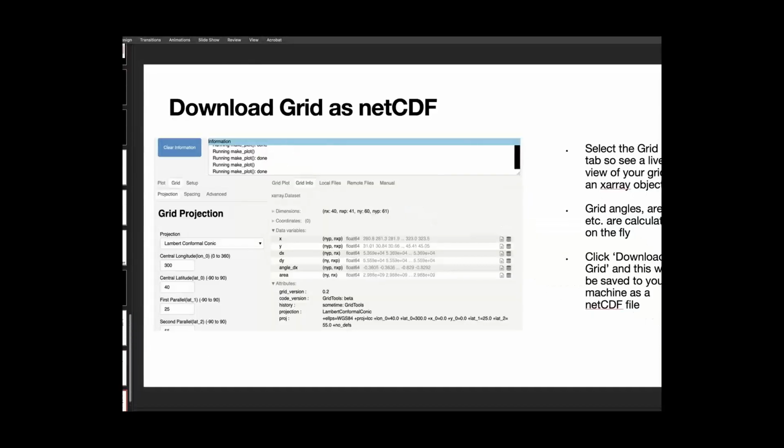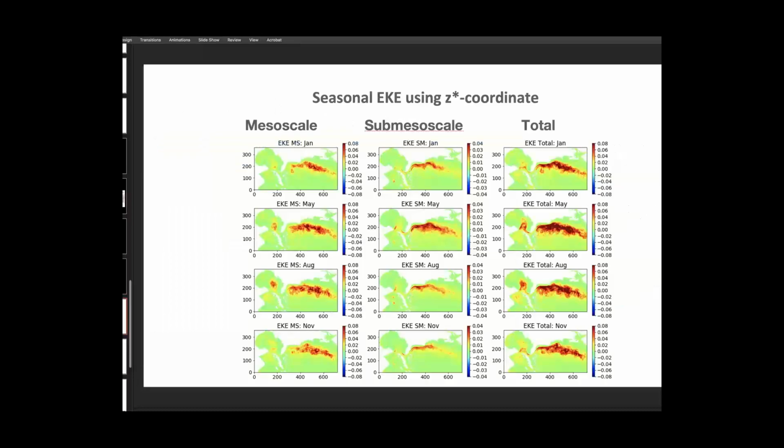Okay, another one. Could you talk about the reason for the differences in results that you obtained by using different vertical grids? Okay. So, thank you. A bunch of those slides that I skipped over. Here, I'll put this up while I talk about it.